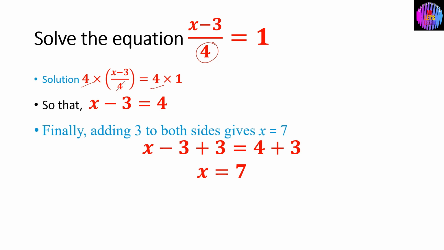So what will happen? The 4 is cancelled, x minus 3 will remain in the left hand side, and 4 ones are 4 in the right hand side. So LHS is equal to RHS.